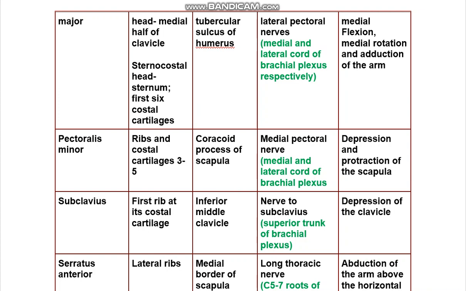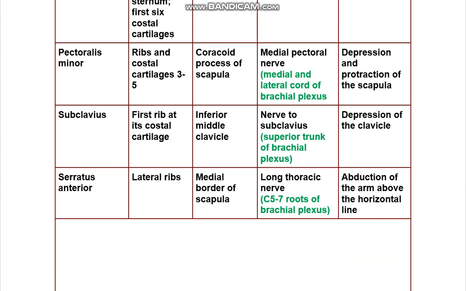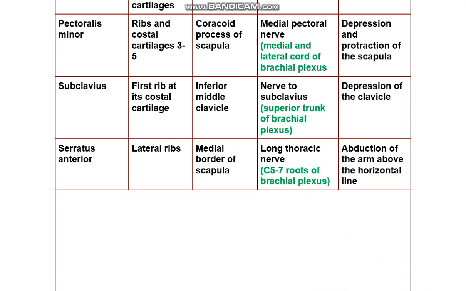Okay, and so now we've got lastly one more of these muscles that attach the upper extremity to the axial skeleton, and that's going to be the serratus anterior. So the serratus anterior is going to be attached to the lateral ribs, and also to the medial border of the scapula.